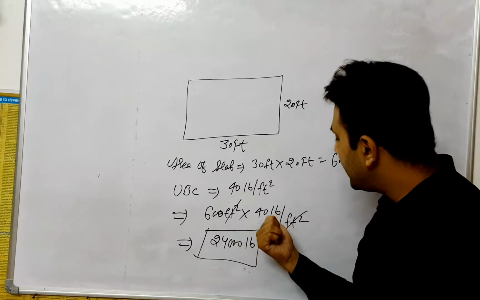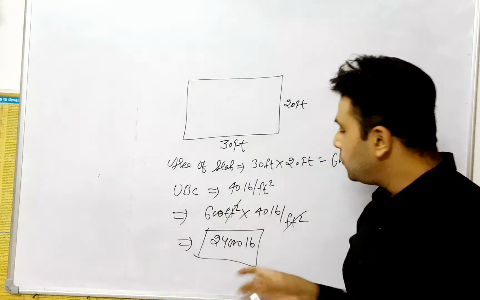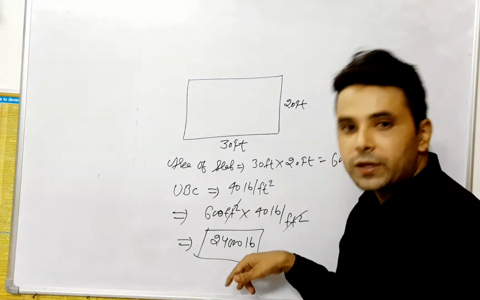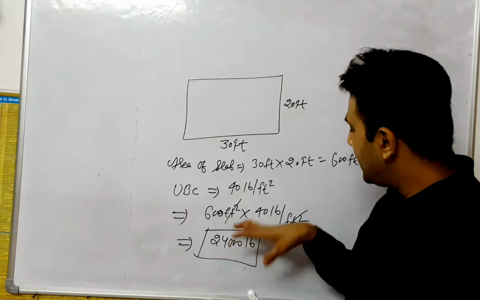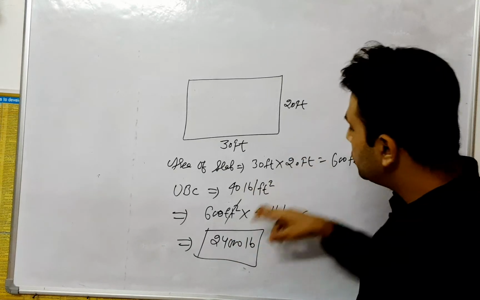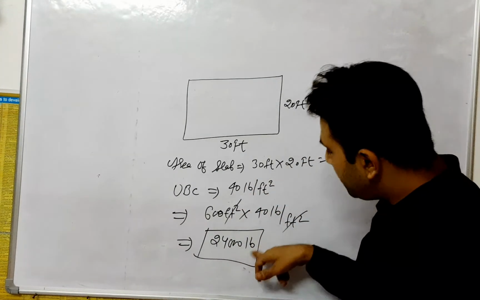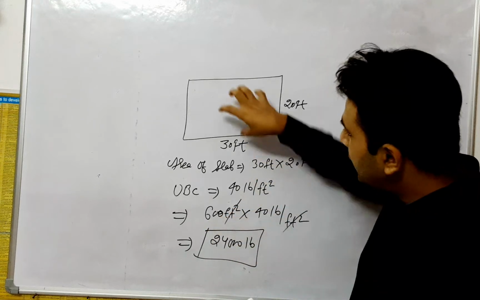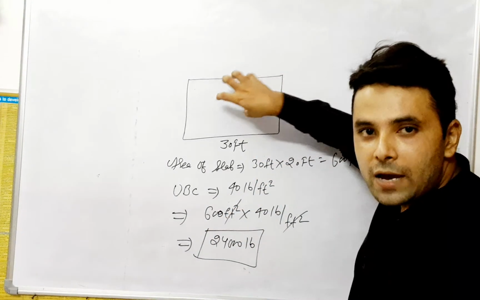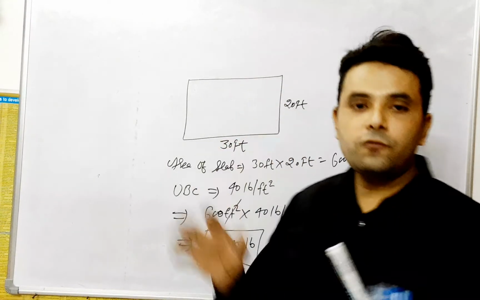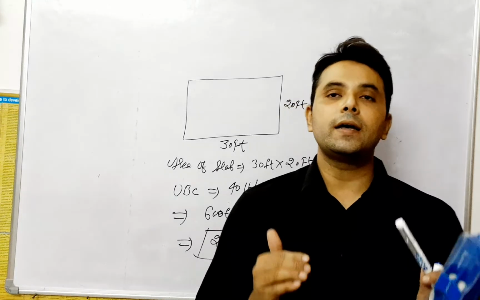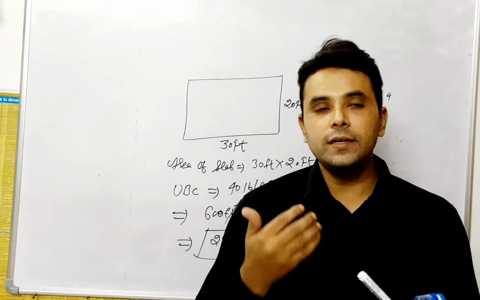So you calculate with 1900, and then you will get the answer in Newton. Clear? But here we are taking square feet, so pound per square feet, and 24,000 pound is acting on this slab. This is the live load. So this is the formula to find the live load that acts on any slab.